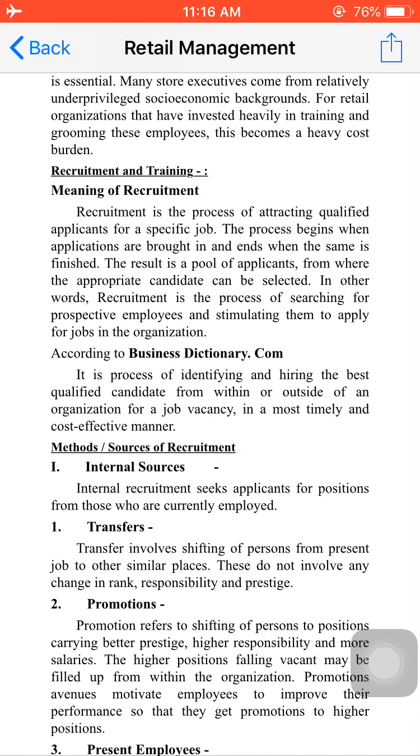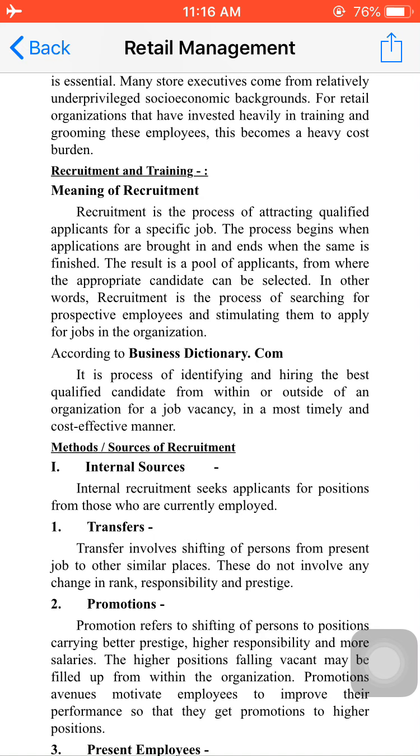If I want an accountant, you should be well qualified. The basic thing is you should have a BCom degree, along with a Tally course, plus good capability of handling MS Excel, PowerPoint, all those things. That is what you call qualified applicants. He attracts the qualified persons.